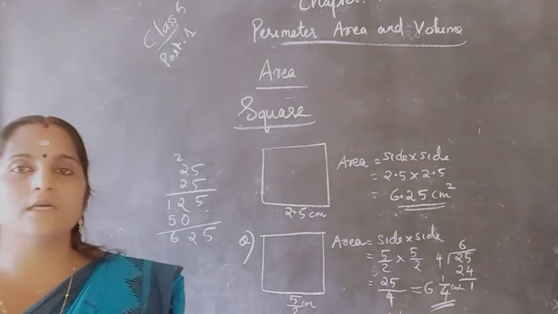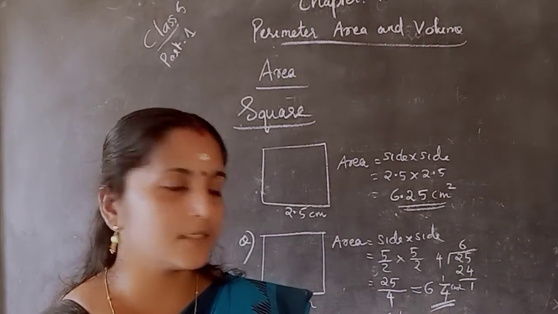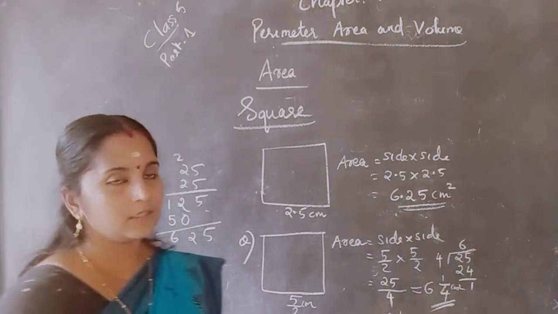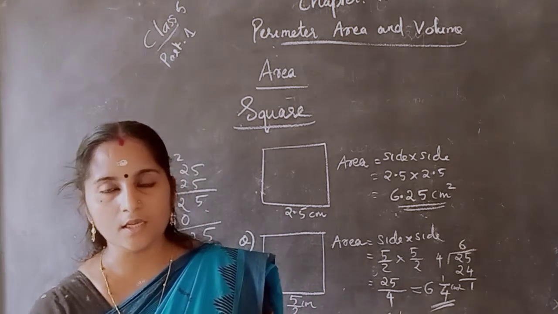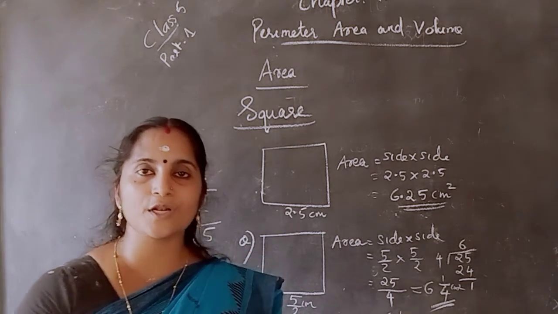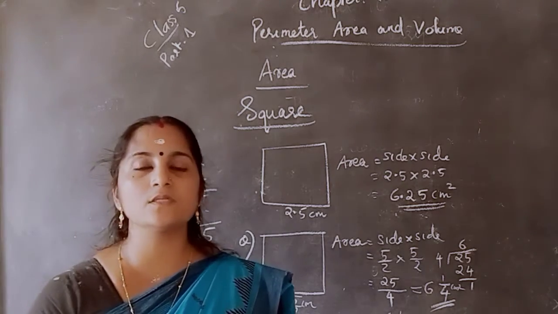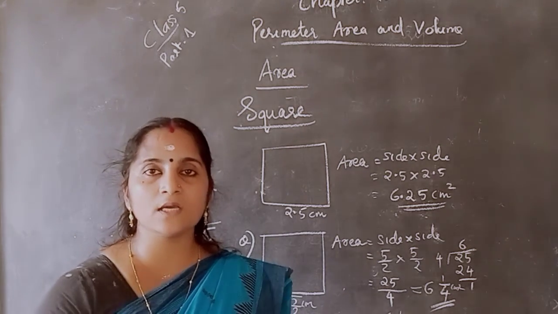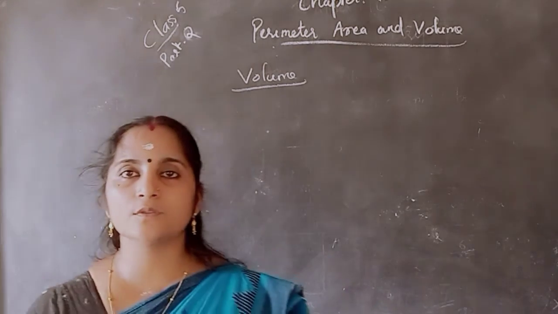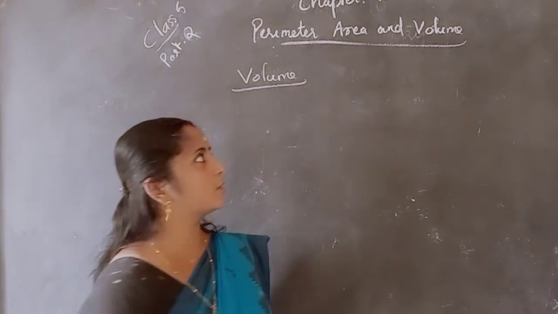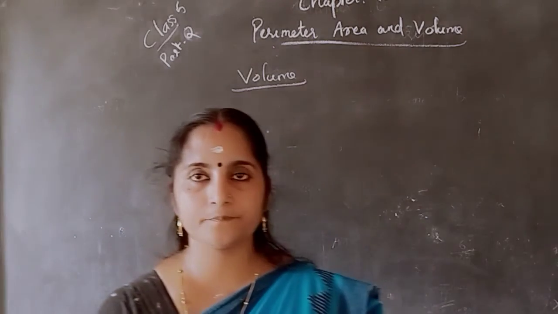If we have meter, then you write it as 6 and 1 by 4 meter square. Okay, in this way we find out the area of a square. If we have decimal numbers or fractional numbers or natural numbers, then we can easily find out the area of a square.